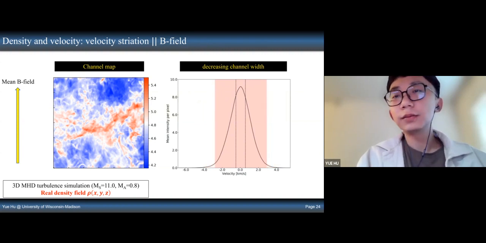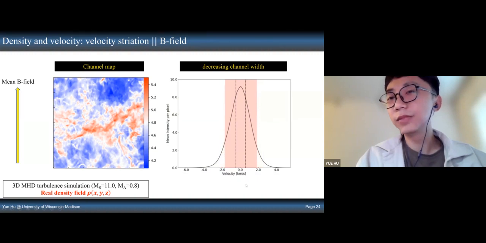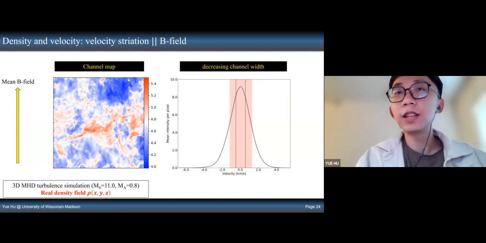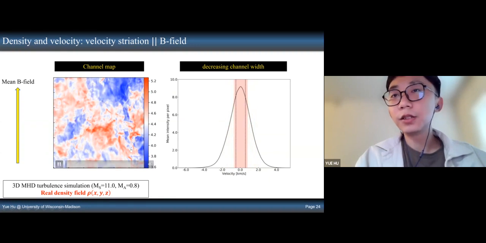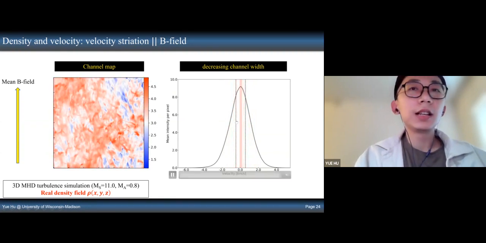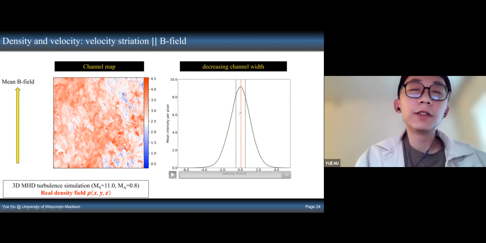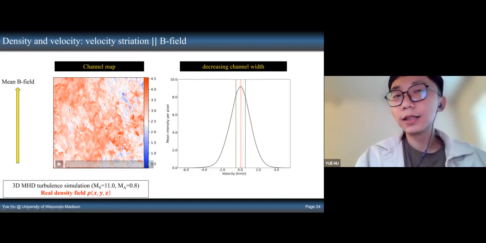Initially, if the integration velocity range is very thick or very large, the density field does not change. But if we have a very narrow, very small velocity resolution, we can see that the perpendicular density structure disappears.